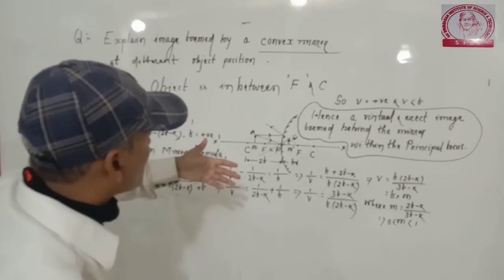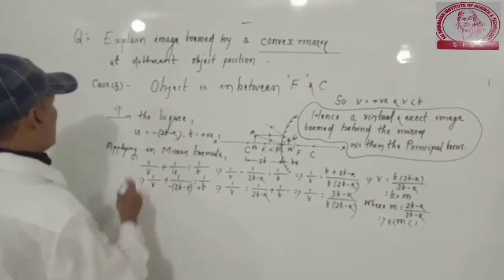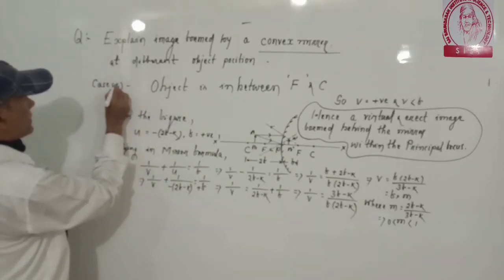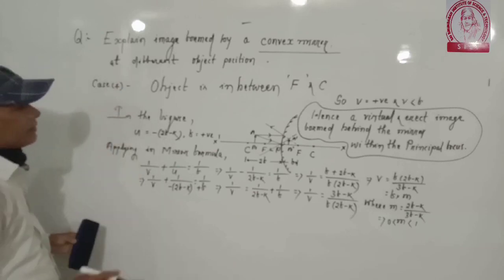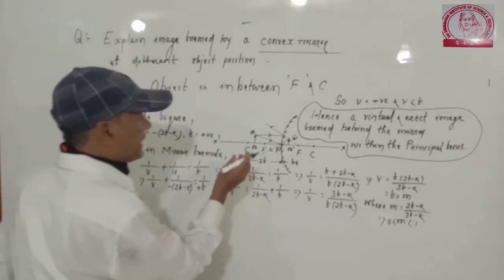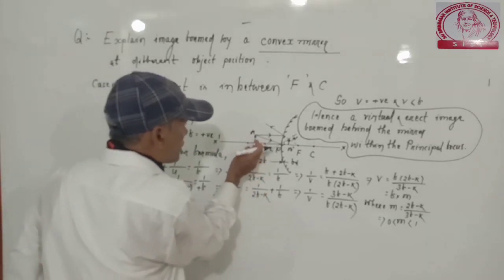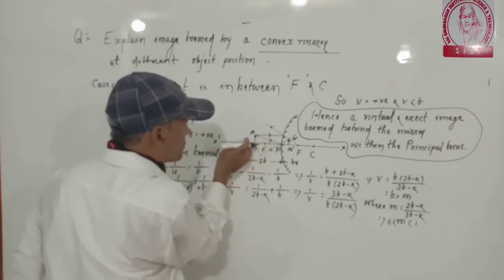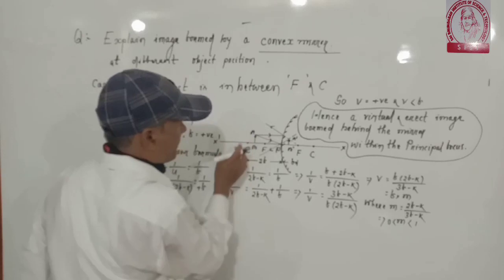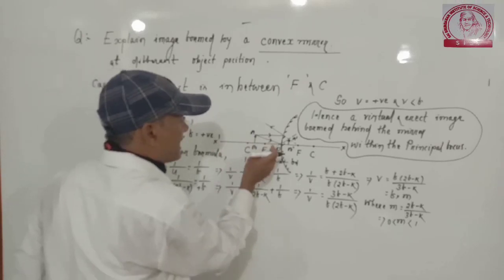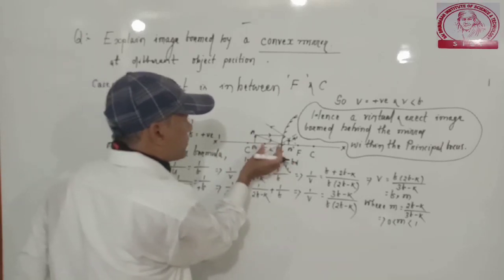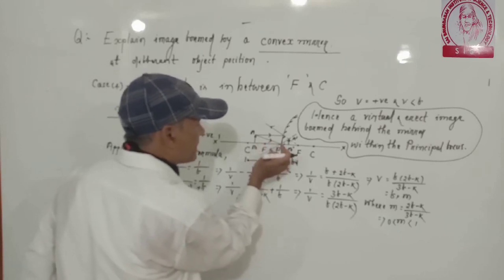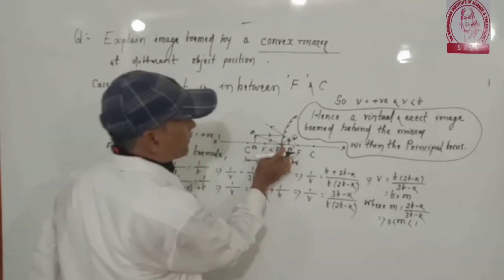Let's move to case 4. In case 4, you shift the object to C, the center of curvature. In case 1 it was within the focal length, between the principal focus and the pole of the mirror.